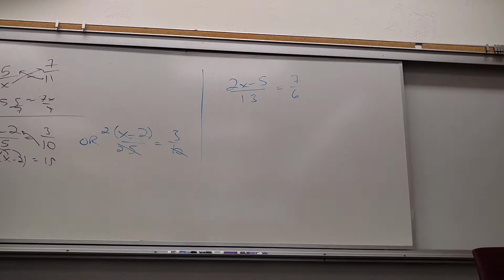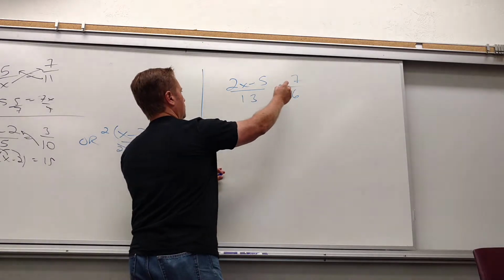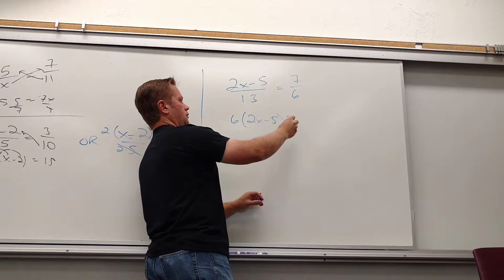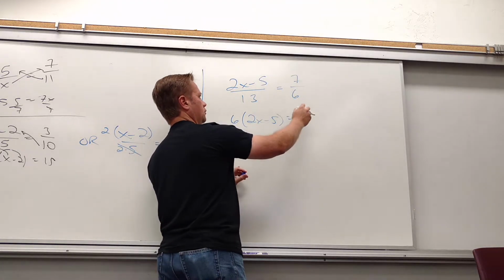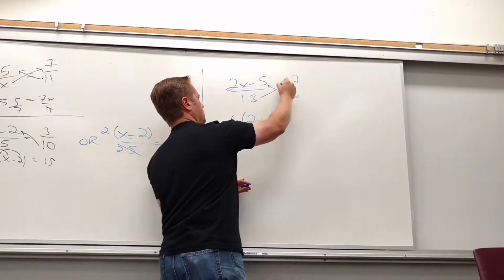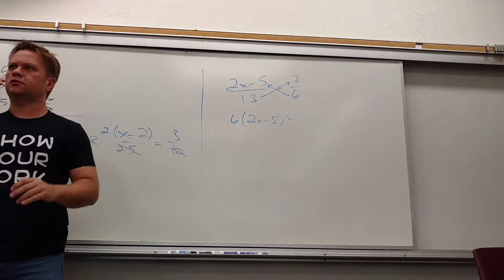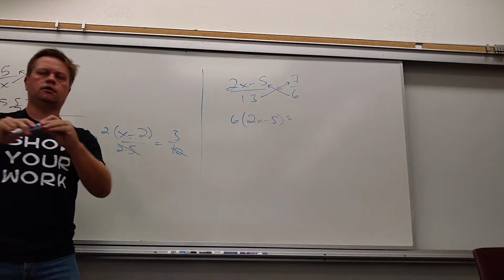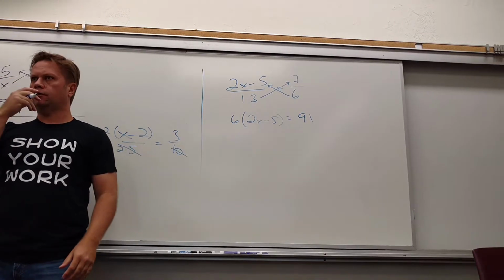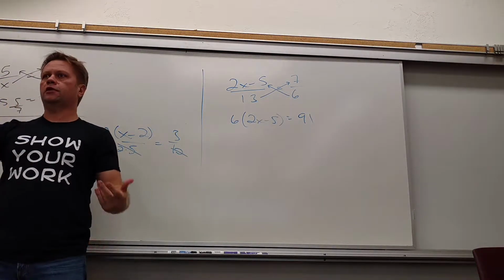It'd be 6 times 2x minus 5 equals 13 minus 7 is 6. 6 times that equals 13 times that. Cross multiply, so equals 91. And then that one you can solve. Then you just solve for x like you always do.